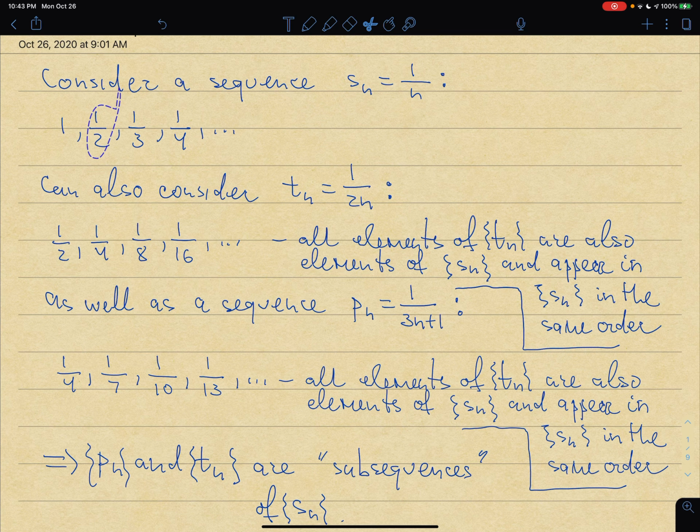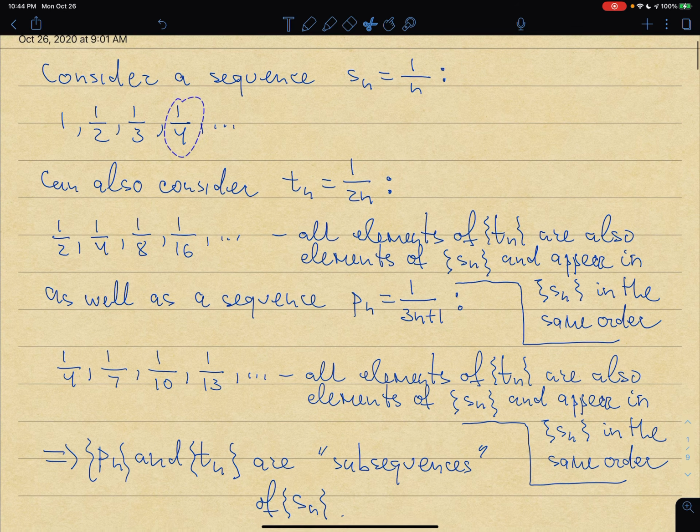The index of 1/4 here and 1/4 there, they're not the same. So I have to come up with some way of converting between indices of both of these sequences.